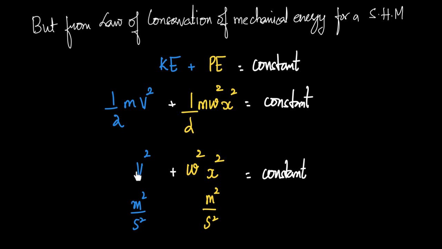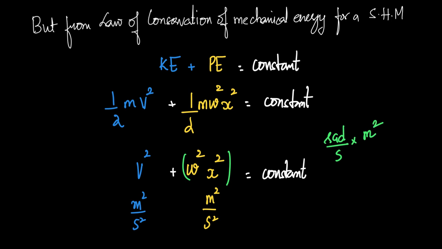The dimension of v square is m square by s square. The dimension of, okay, this might be tricky, this part here, omega square x square is: the unit of omega is radian per second, displacement is meter.